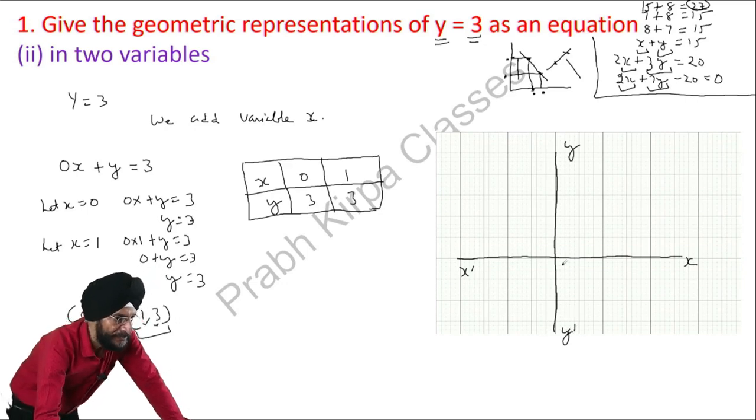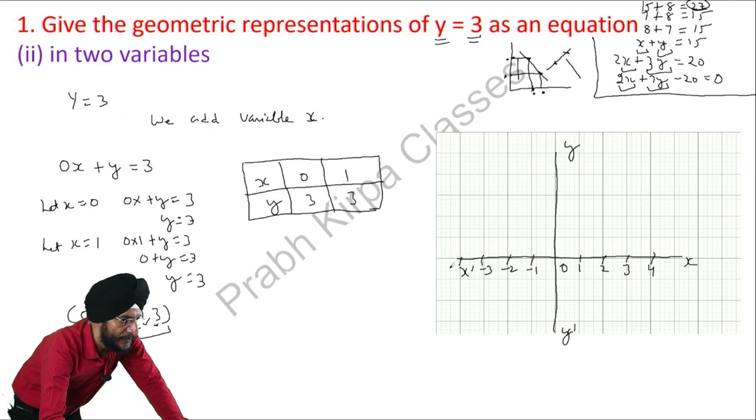So now 0, this is 1, this is 2, this is 3, this is 4, minus 1, minus 2, minus 3, minus 4. Here it is minus 1, minus 2, minus 3 on the x-axis, and here 1, 2, 3, 4.